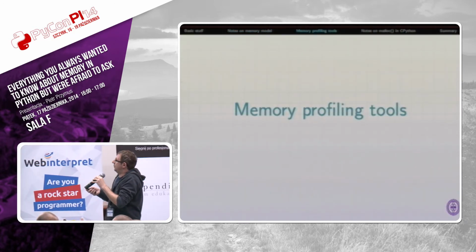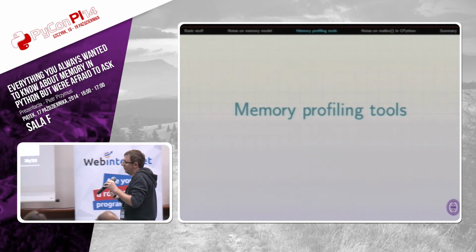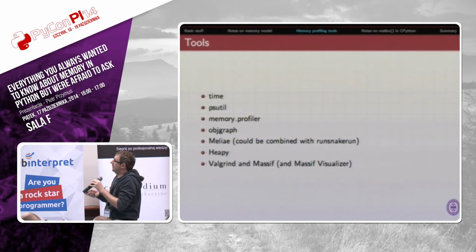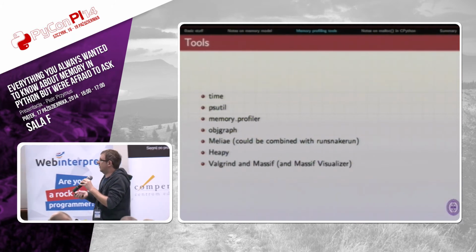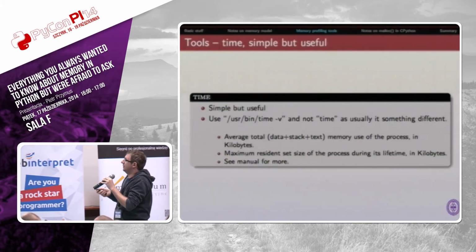Okay, so now for profiling tools, we'll start with something pretty simple but pretty useful. This is the list of tools that I will try to describe. We'll start with time.